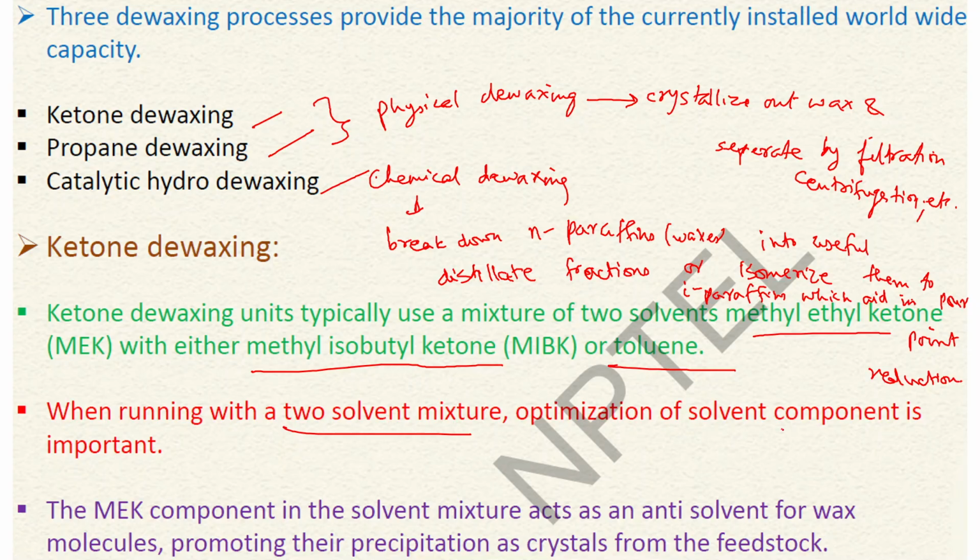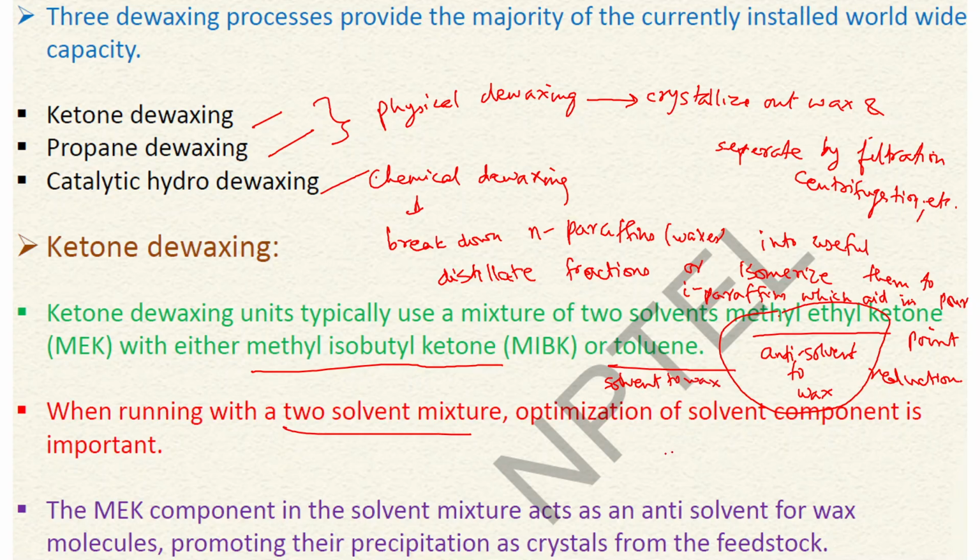This MEK component is an anti-solvent to wax, whereas toluene is a solvent to wax.